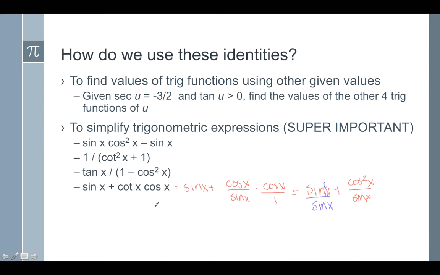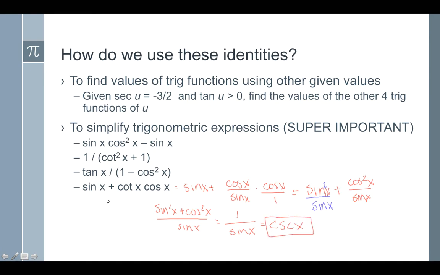Well, by adding these together, I get sine squared x plus cosine squared x over sine of x. Well, looky there, I have sine squared plus cosine squared. I know that sine squared plus cosine squared is 1, so I'm going to replace it with a 1. I'm going to write it over the sine of x, and I'm going to get rid of my fraction because I know 1 divided by sine is cosecant of x.